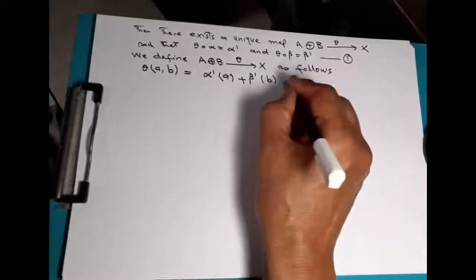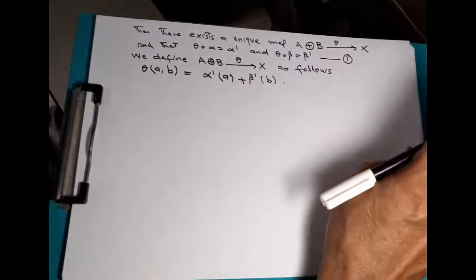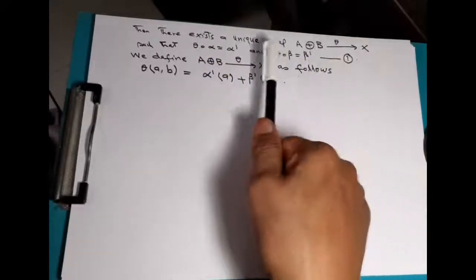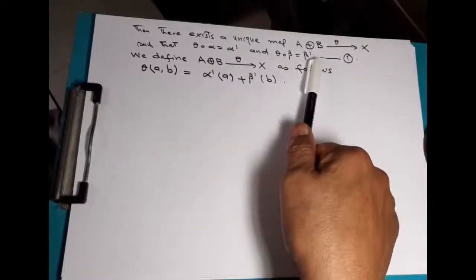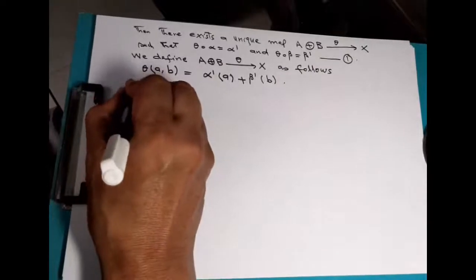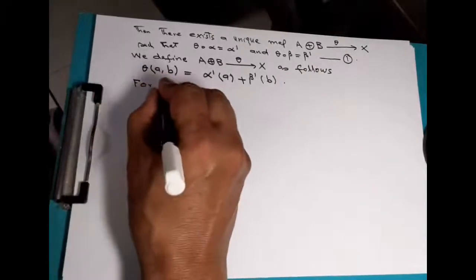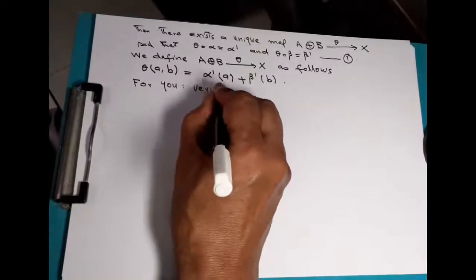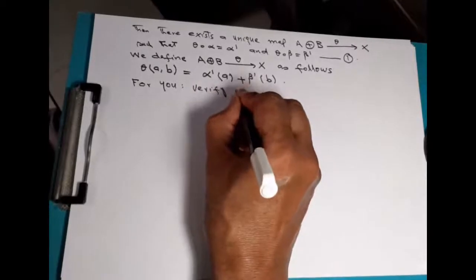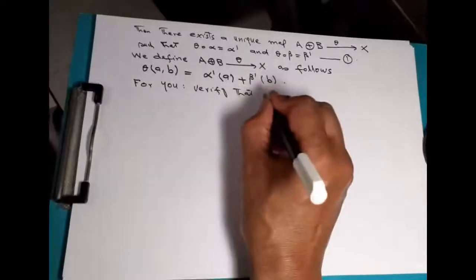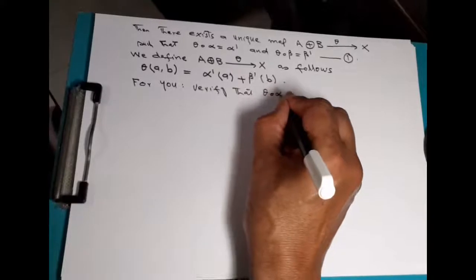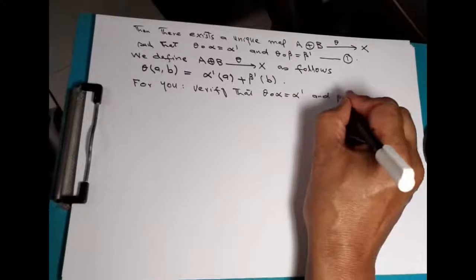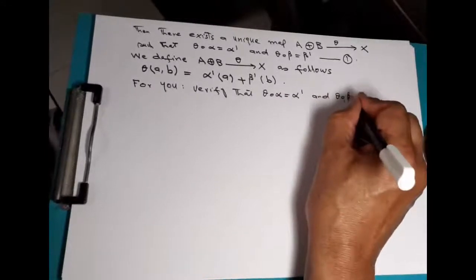So this is the way we define theta, and it is for you to verify that theta composed with alpha is equal to alpha dash and theta composed with beta is equal to beta dash.